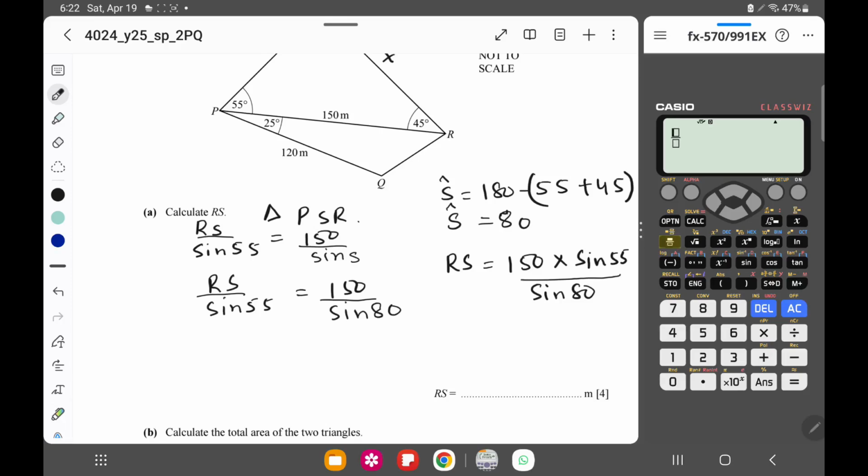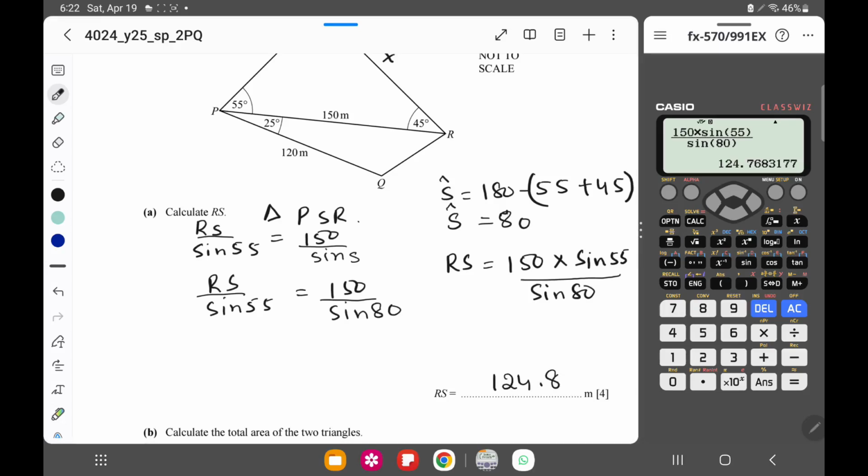So find your answer. 150 times sine 55 and then divided by sine of 80 degree. So 124.768. So 124.8.